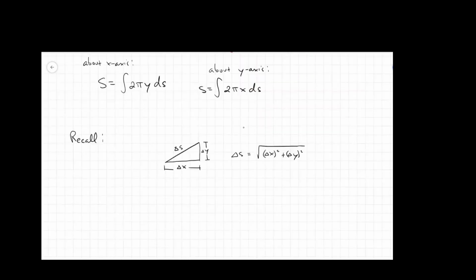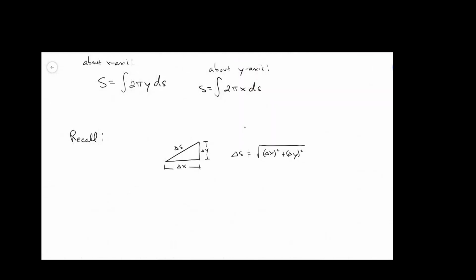And then you can actually take the limit of this. In the limit, these become differentials. So ds itself is actually going to be the square root of dx squared plus dy squared. And then you can go through that whole process where we factored stuff out of there.